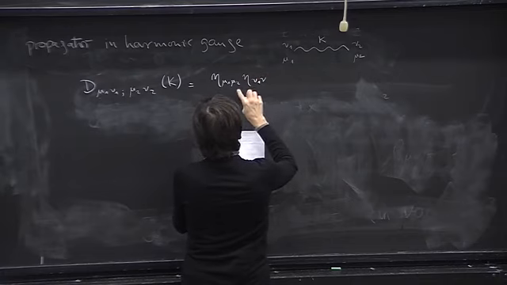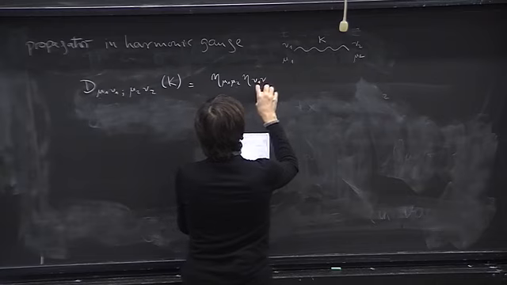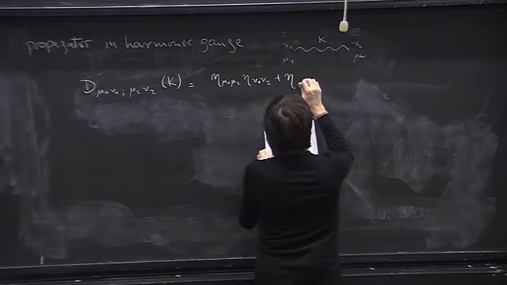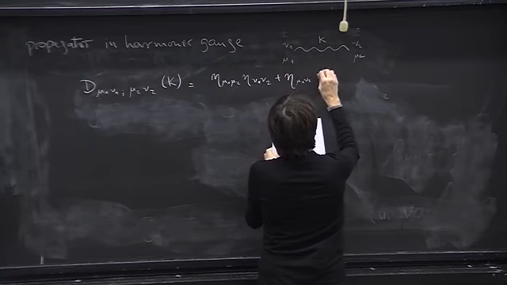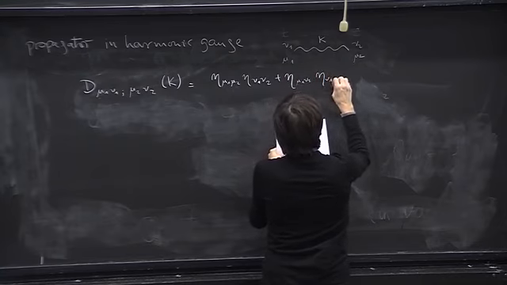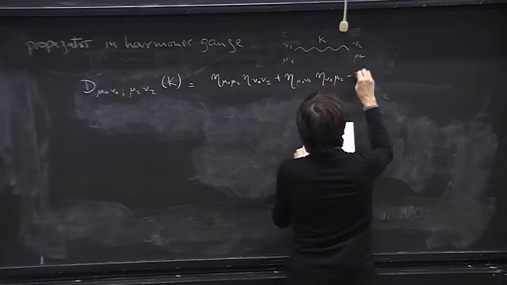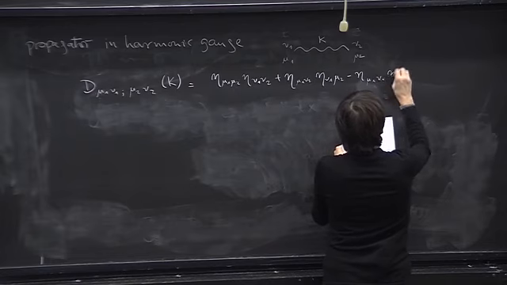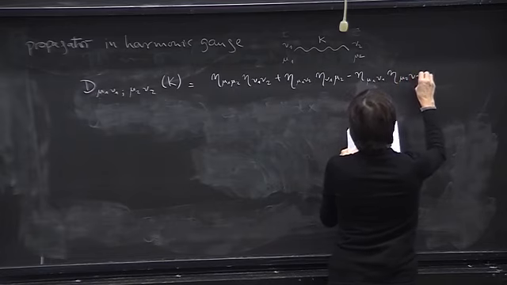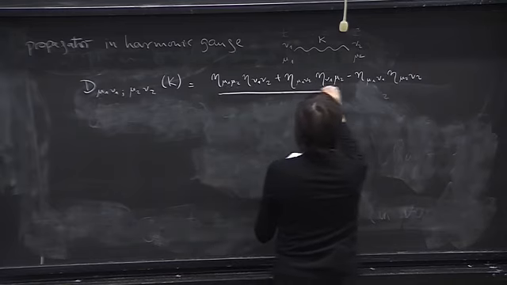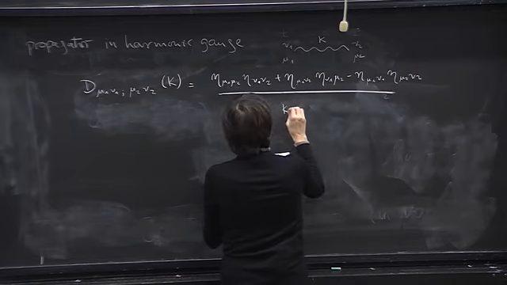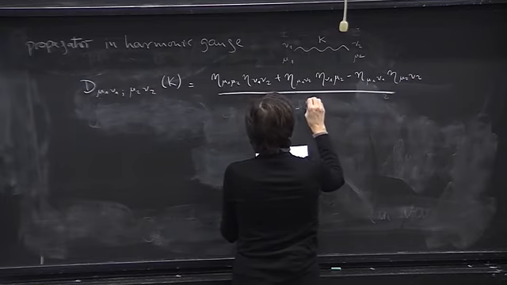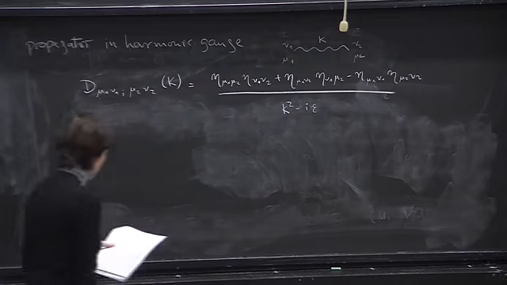Here, eta mu1 mu2 eta mu1' mu2', plus eta mu1 mu2' eta mu1' mu2, minus eta mu1 mu1' eta mu2 mu2', and of course accompanied by the usual denominator, k squared minus i epsilon prescription.